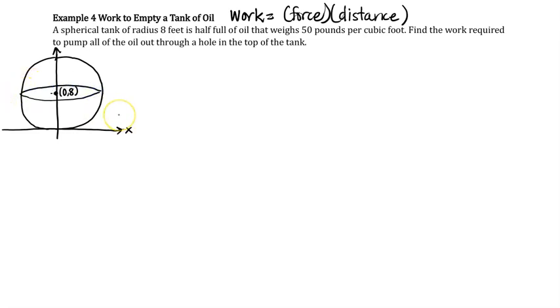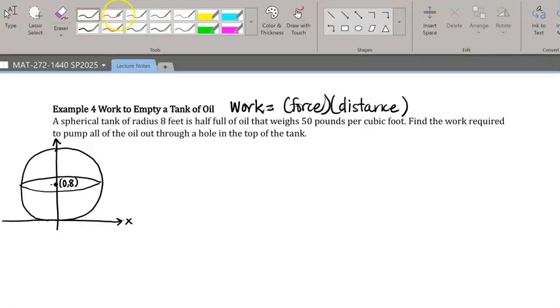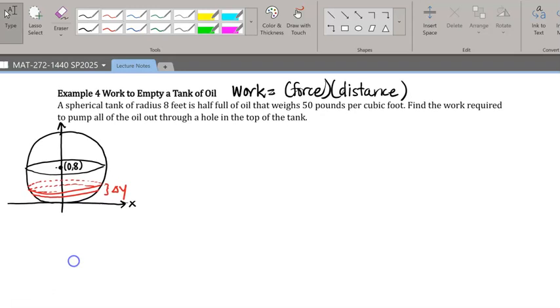We're going to think of the oil as being cut into slices. So I'm going to take a cylindrical slice of this oil like this, with a thickness of what I'll call delta y.